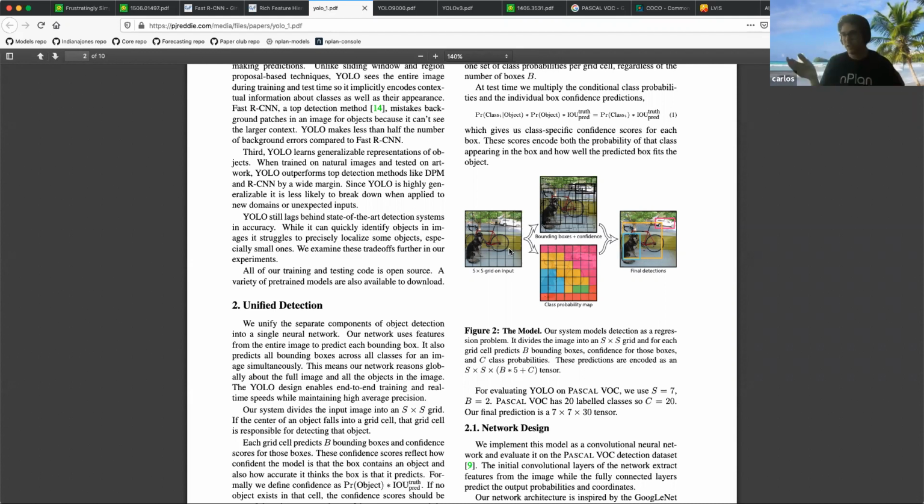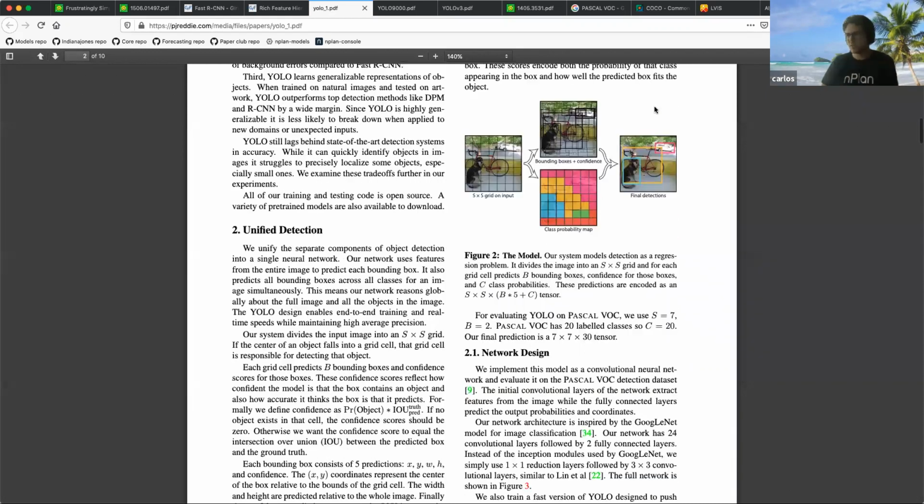and classify all the objects, they proposed this architecture where you divide your image into different subsections, and then your network learns to find bounding boxes in those regions and also tell you which object is in those regions. So it is a pretty big network.